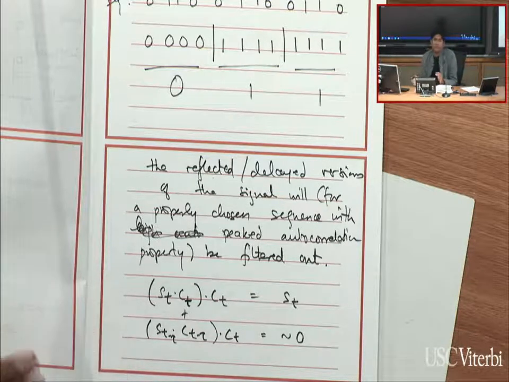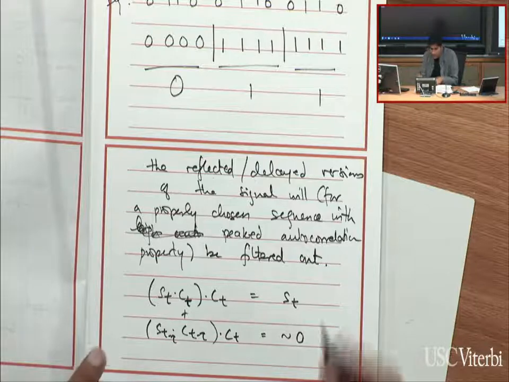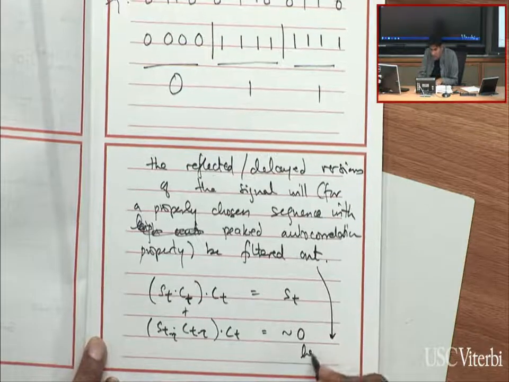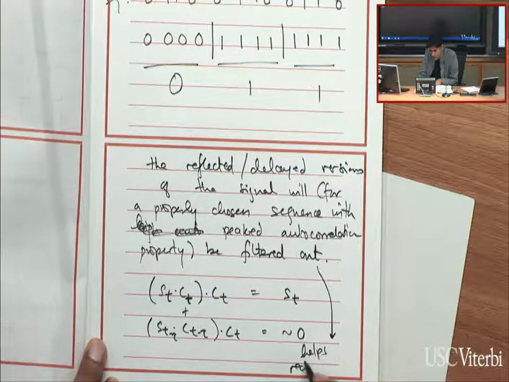So even if you're not using OFDM, but you're using DSSS, that's one way in which you can improve your robustness to the problem of intersymbol interference. Right? So basically it helps reduce intersymbol interference.